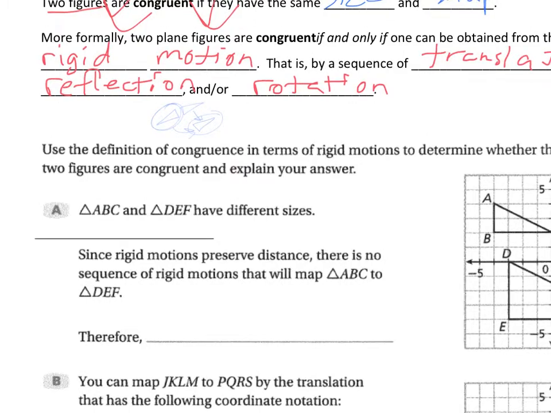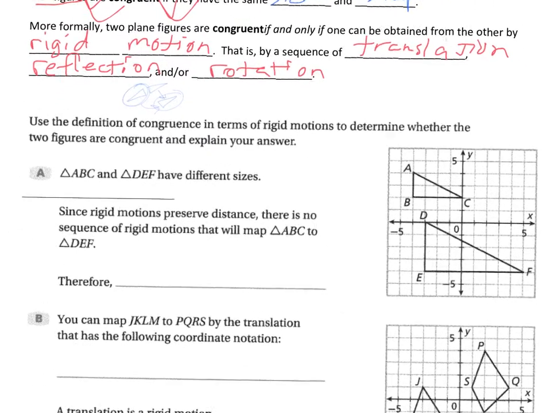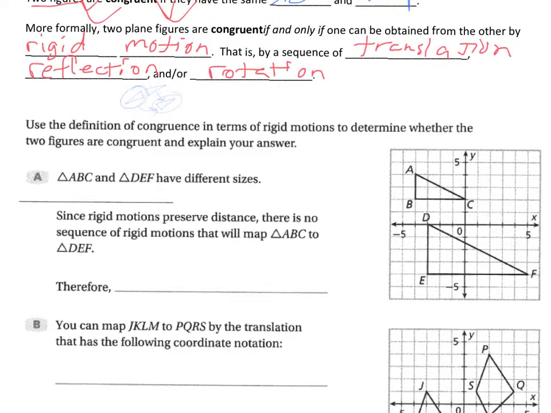So, next we have two triangles. Use the definition of congruence in terms of rigid motion to describe whether the two figures are congruent and explain your answer. Well, looking at these two triangles, they are not the same size and shape. They have different sizes.